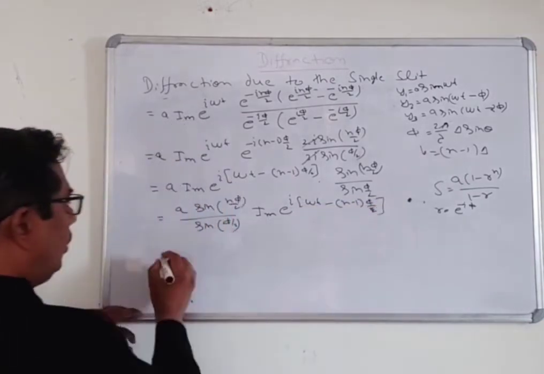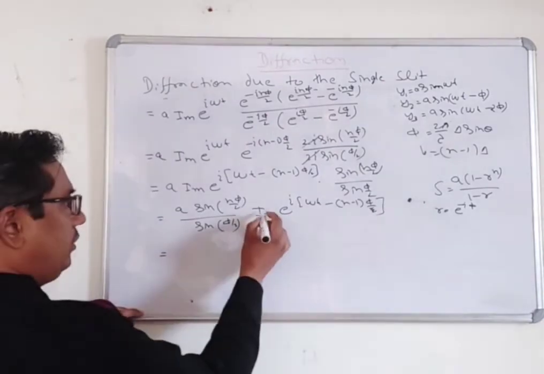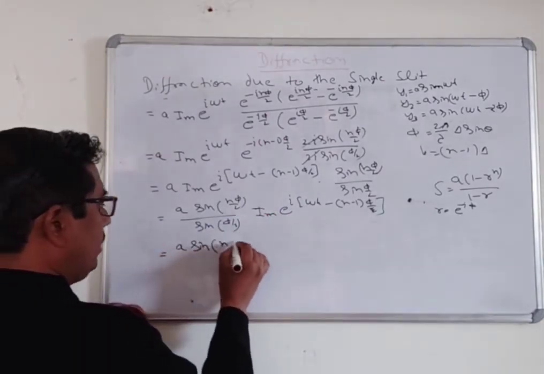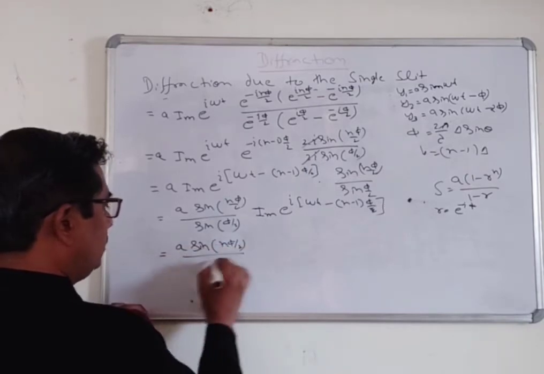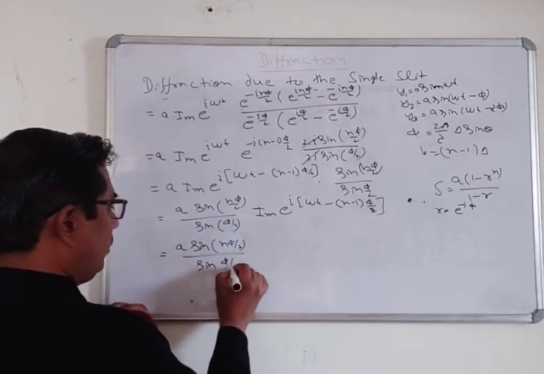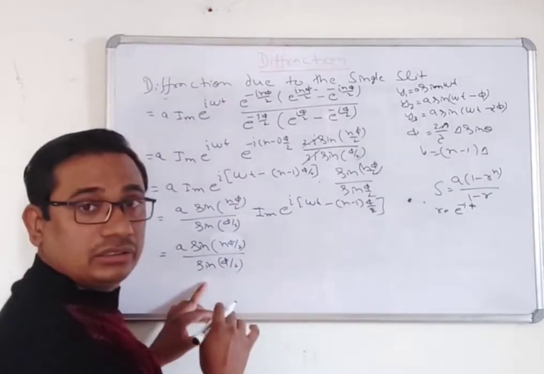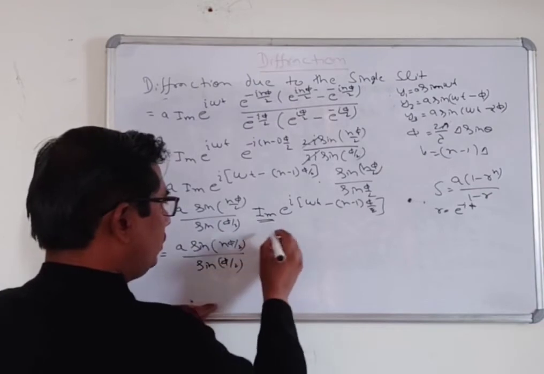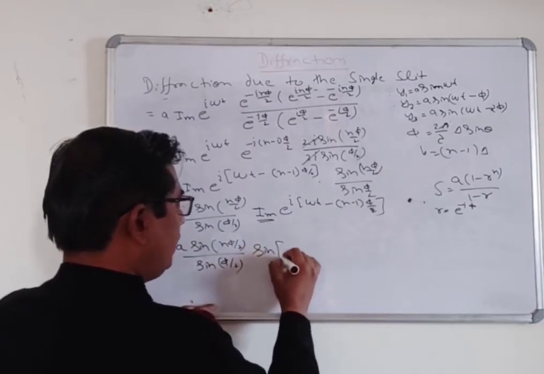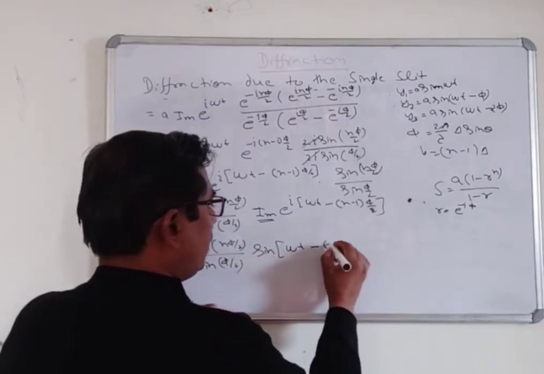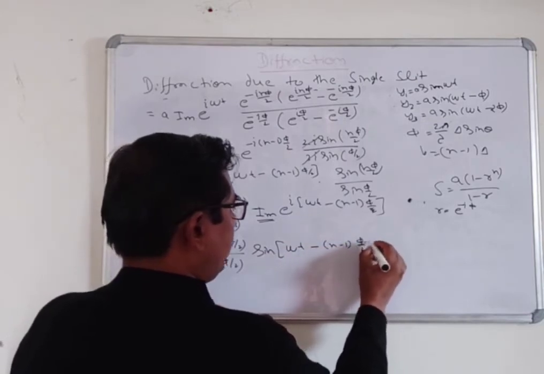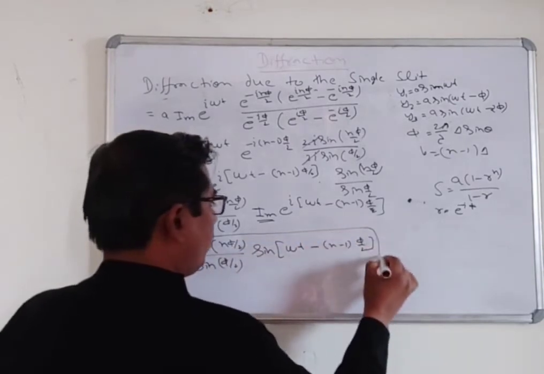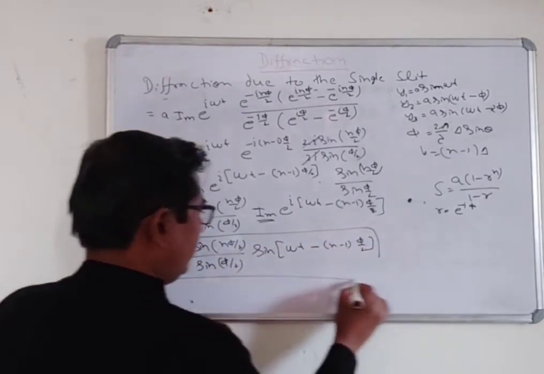Now here we can write sine n phi by 2 and sine phi by 2, and we will remove this portion. We can write sine of omega t minus (n minus 1) phi by 2. That will be the resultant wave at a point P on the screen.